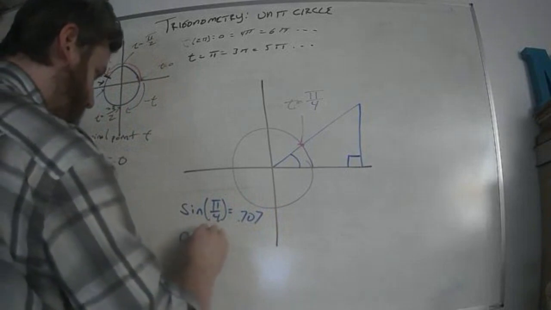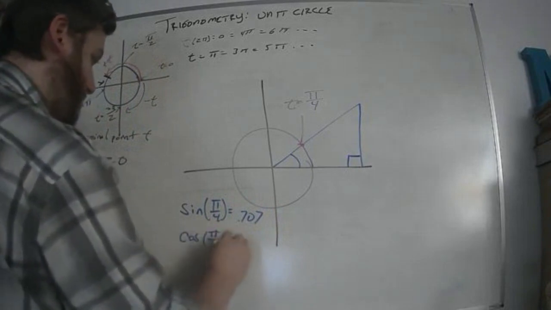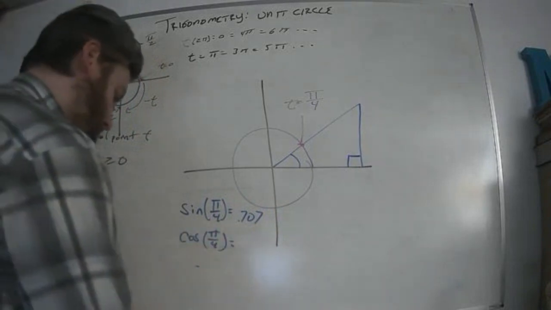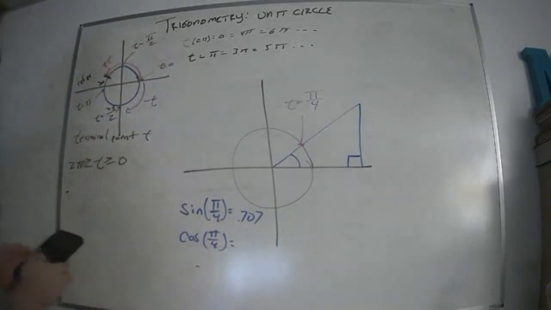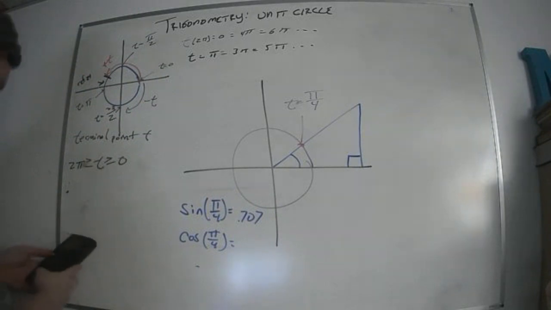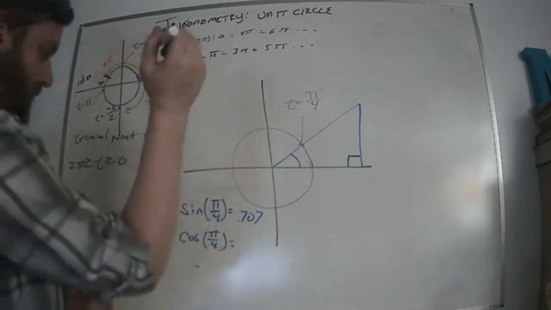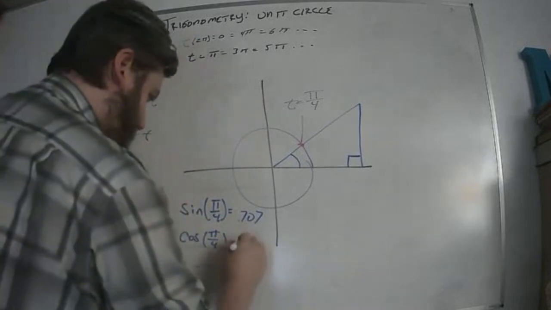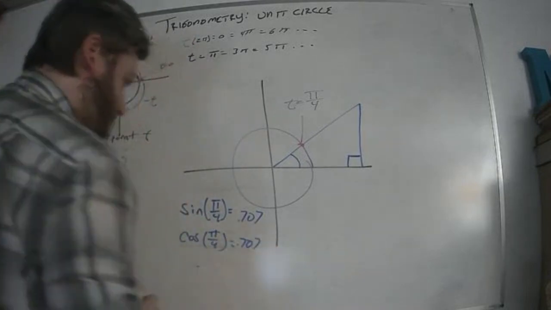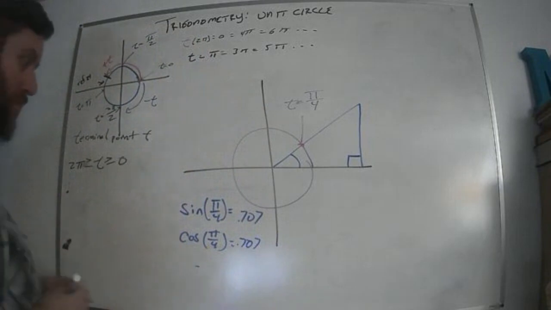What's the cosine? And the cosine of pi over 4 is 0.707.